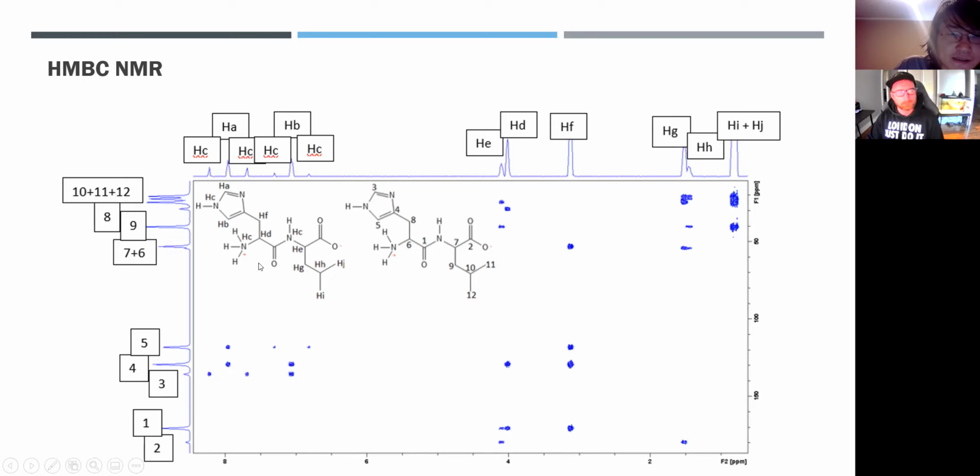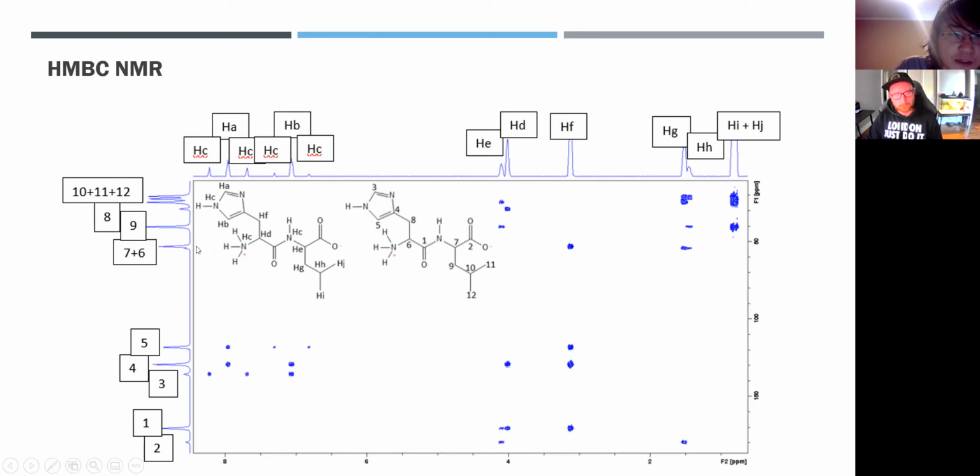And 7 and 6 show us which of the methine carbons interacts with which of the methylene protons on the side chains, since both side chains have methylene groups.